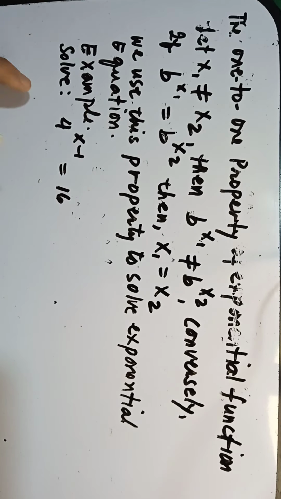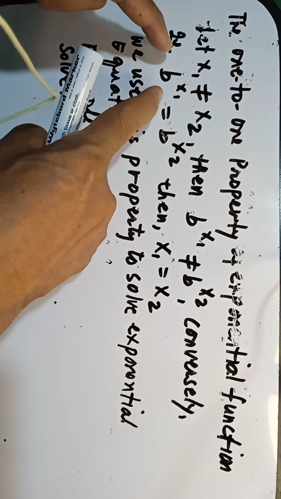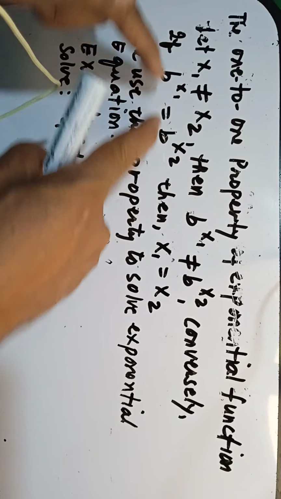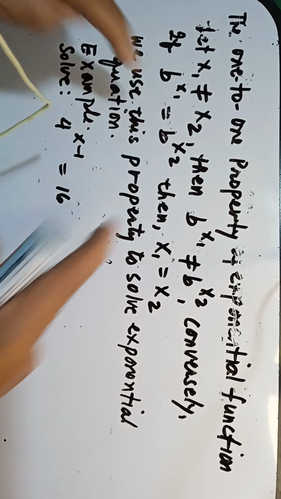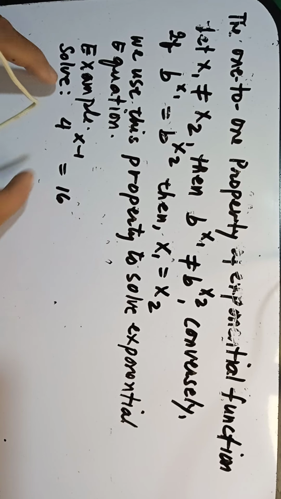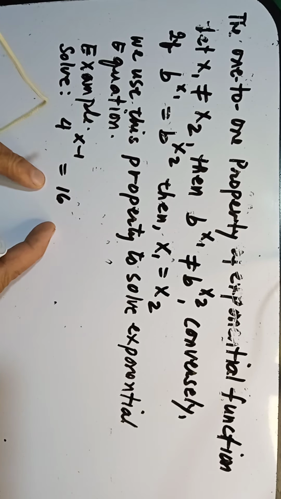Example, solve 4 raised to x minus 1 equals 16. What does this property say? It says that if the bases are equal, then the exponents are equal. In this example, 4 raised to x minus 1 equals 16.